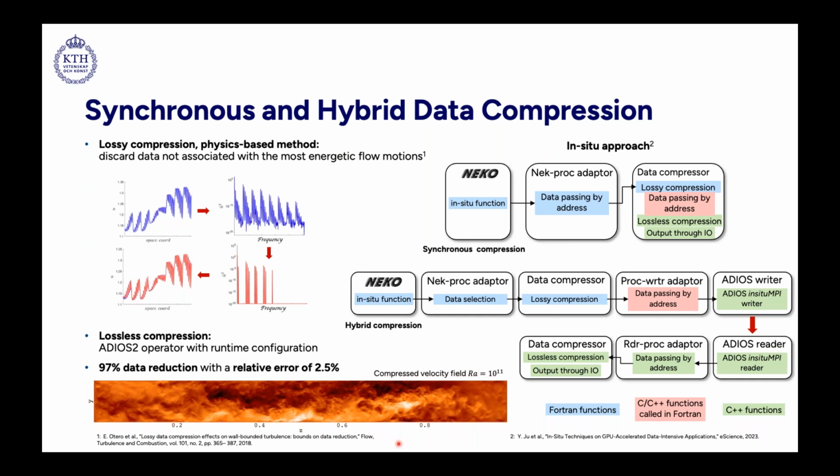From a technical point of view, we needed to scale this. So what has been done is that we have a hybrid data compression setup. NEKO is computing time steps, and then we need to save data. And then we do the lossy compression on the GPU. And once the GPU is done with the lossy compression, it will stream the data over to the CPU, which means that then the GPU is actually free of doing more work.